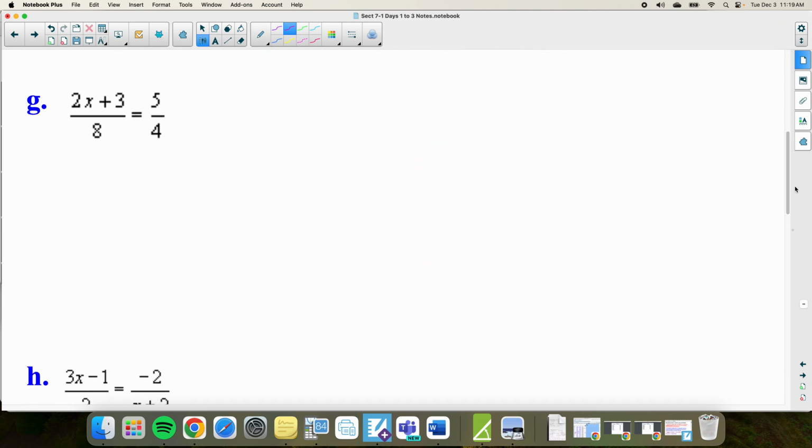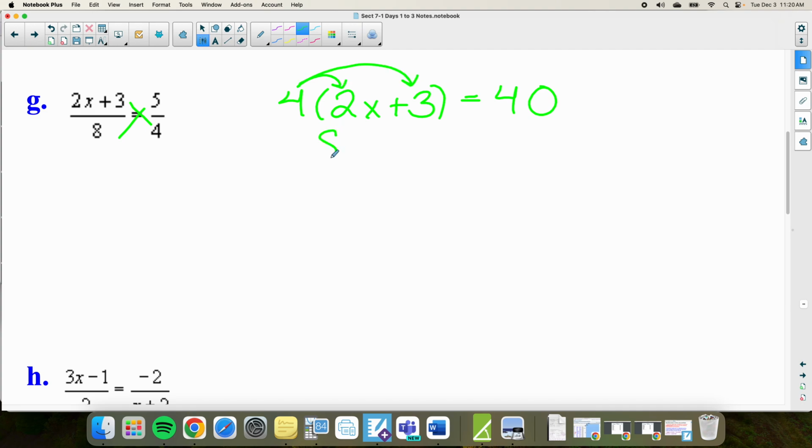Now if I look at G, again, I'm going to cross multiply. So I go 4 times 2x plus 3 equals 8 times 5, which is 40. I distribute my 4. 4 times 2x is 8x. 4 times 3 is 12, and that equals 40.